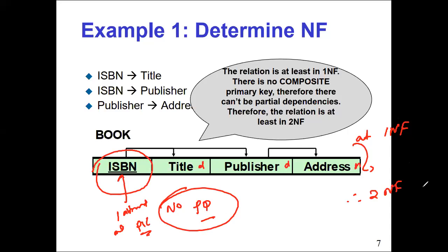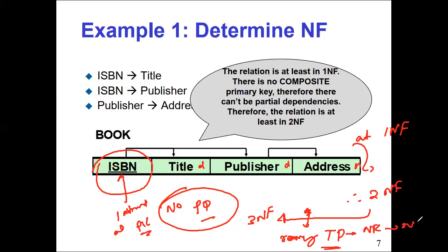Now from second normal form to third normal form, the important activity is removing transitive dependency. Transitive dependency means one non key depending on another non key.